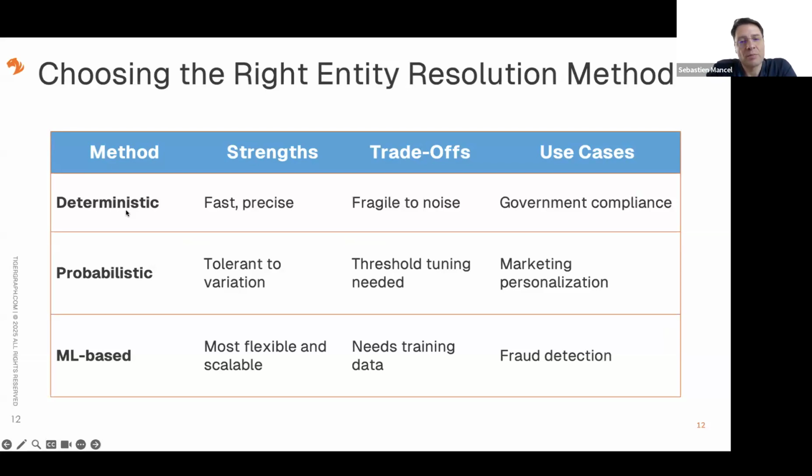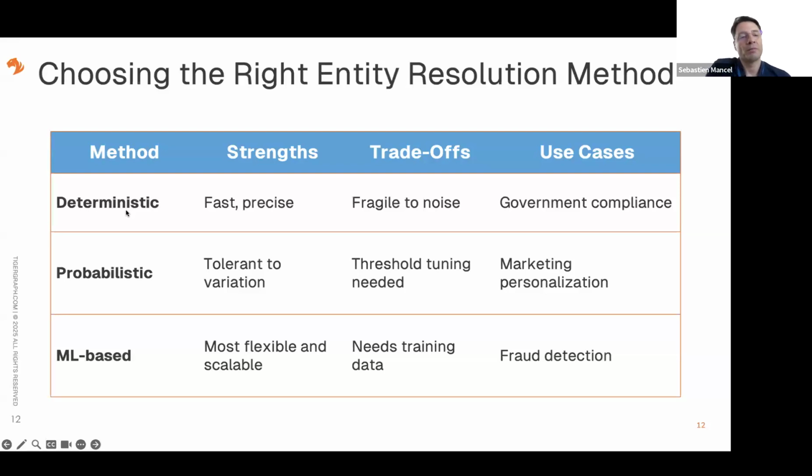They're fast, they're precise, and that makes them ideal for use cases that demand high precision and compliance. So think about government services. However, they're fragile. Minor differences or noise in the data can really break the match and make it less effective.